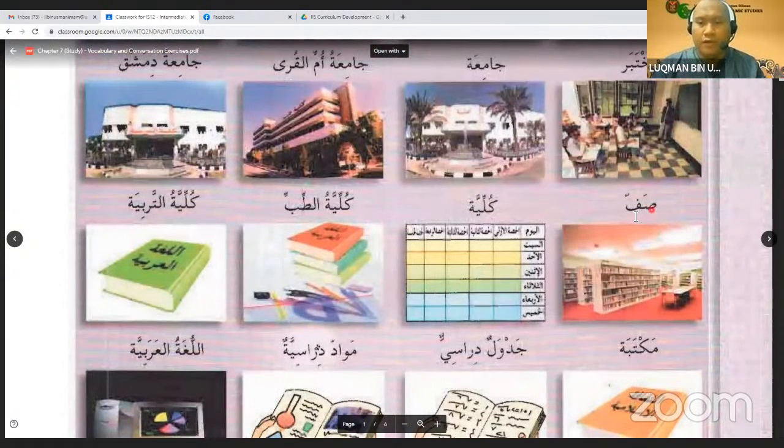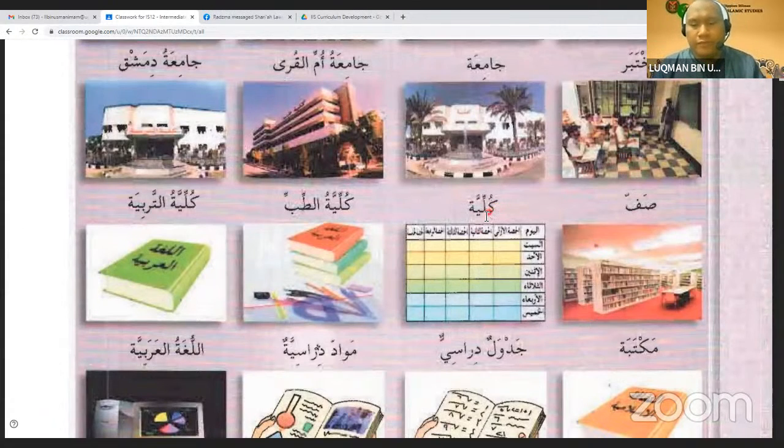So here صف means classroom, but it literally means rows, lines. So there are rows of chairs. That might be the reason why it's called صف.